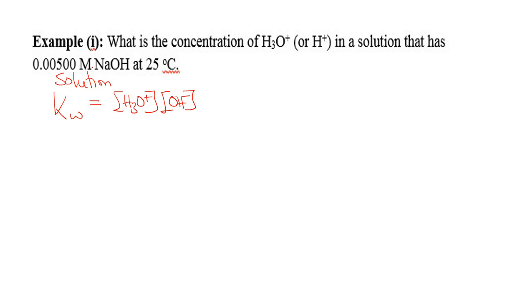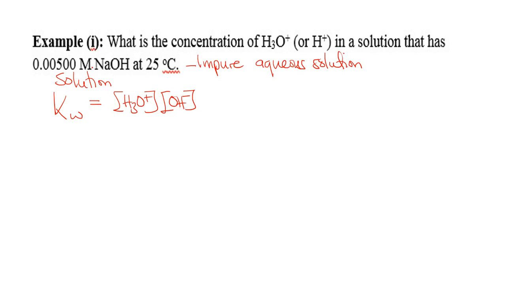But if you look at this solution, this is an impure aqueous solution. So this tells us that the concentration of H3O is not equal to 1.0 times 10 to the power -7.